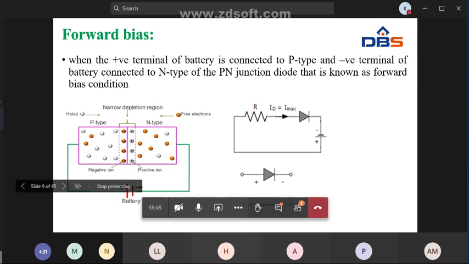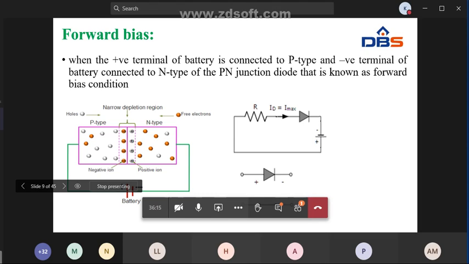If this junction breaks, then immediately the holes in the p-type material will move towards the n-type material and recombine with the electrons. In a similar way, the electrons in the n-type material will move towards the p-type material and recombine with the holes in the p-type material. So that's why the movement of charge carriers takes place.